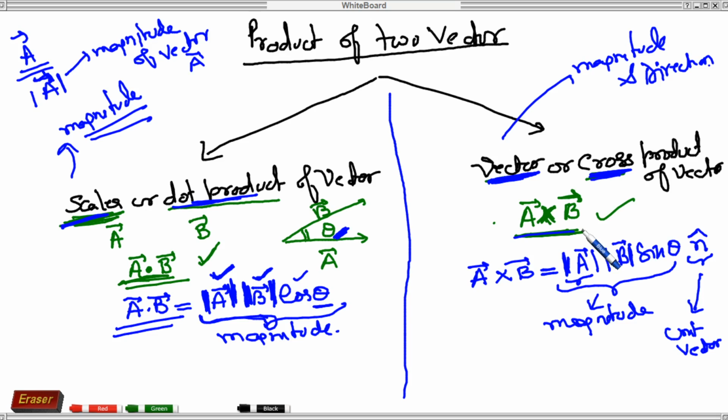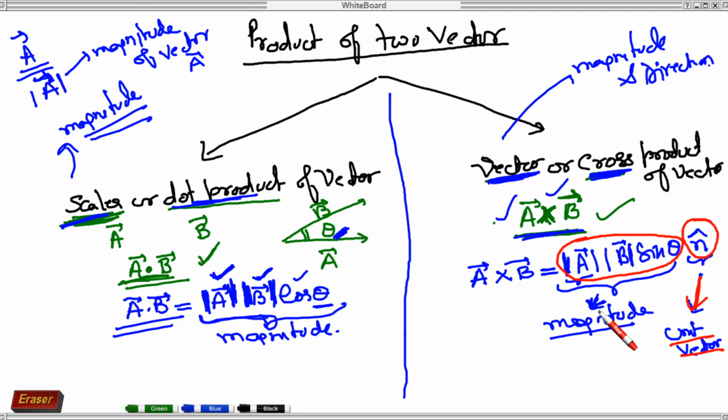So when we do the cross product of these two vectors, vector A and vector B, what are we going to get? Modulus of A, modulus of B sine theta. This part is the magnitude, and this is the unit vector.